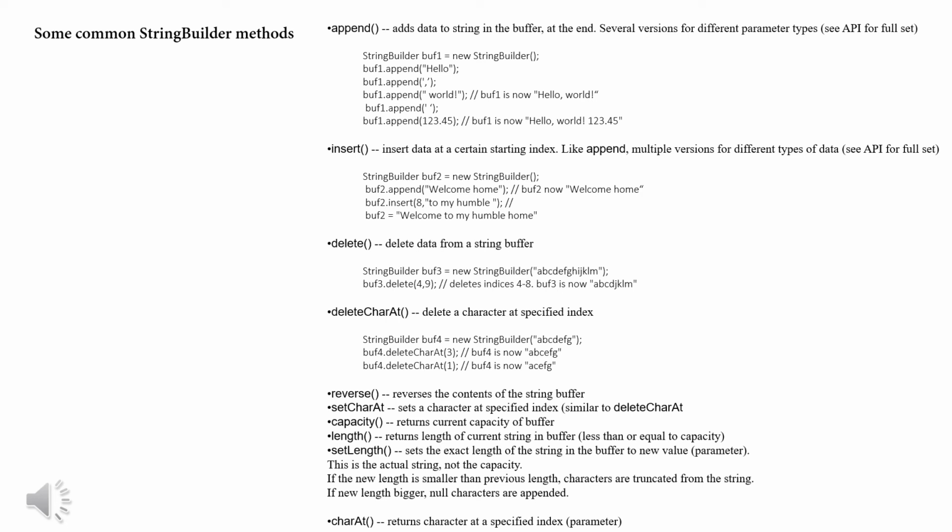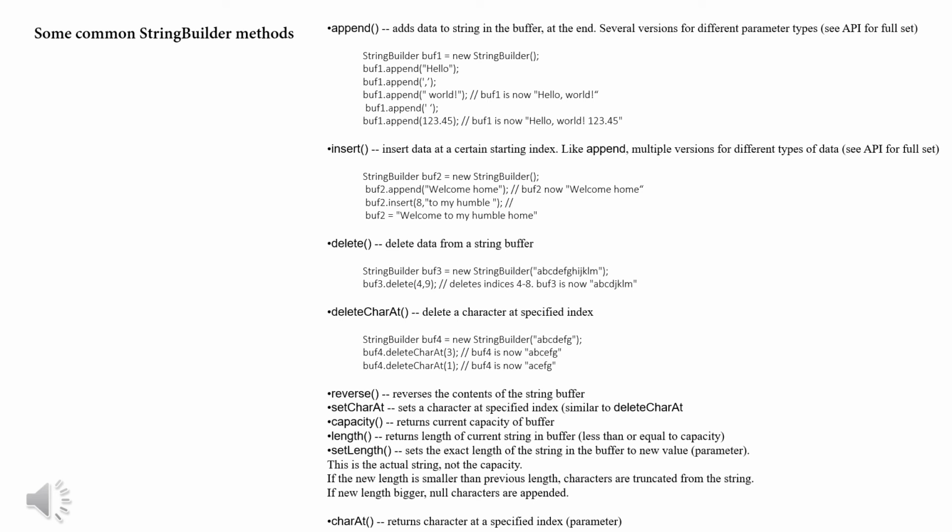Another important method in the StringBuilder class is length. That's exactly what we had in the previous one. It will return the length of the current string. You can change this length by using the method setLength. So now you can specify a new value for the length by using setLength.